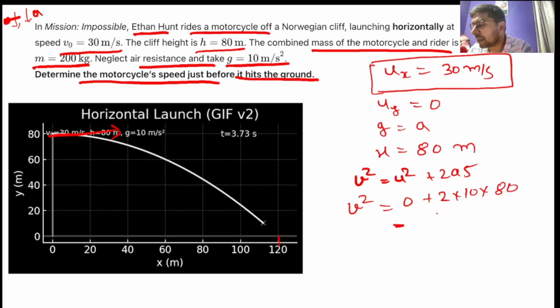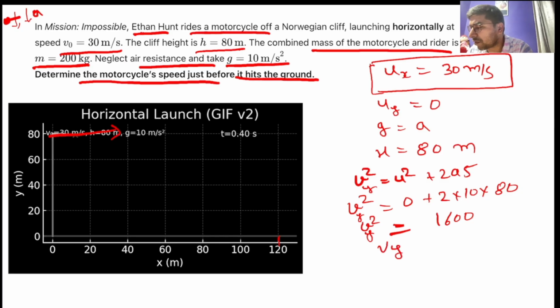So it will become how much? 800 into 2, 1600. V square is actually Vy square, 1600. So Vy is equal to how much? 40. So when the motorcycle will hit the ground, its x component will be 30 meter per second, y component will be 40 meter per second. So finally v will be how much?